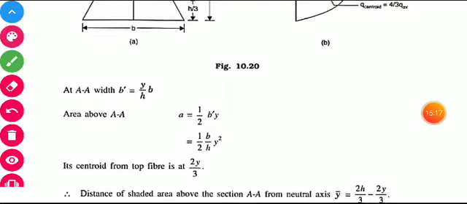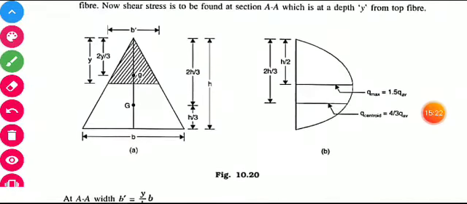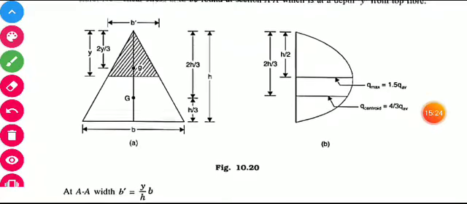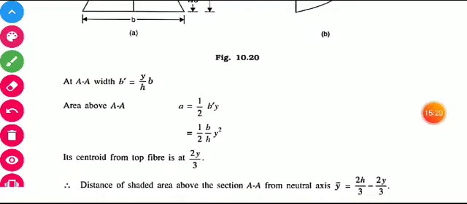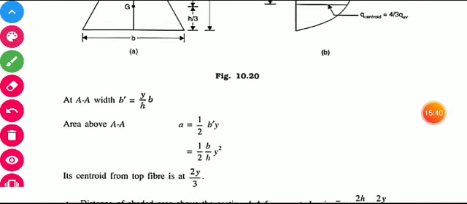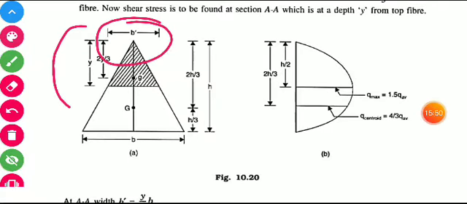From this isosceles principle you calculate the value of b dash.